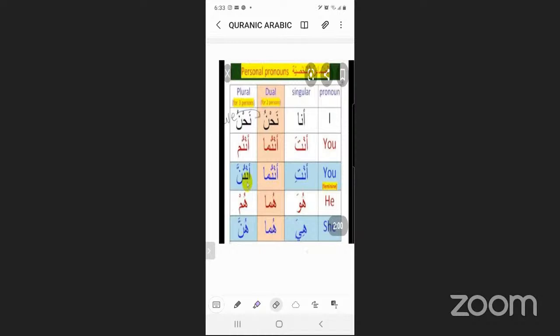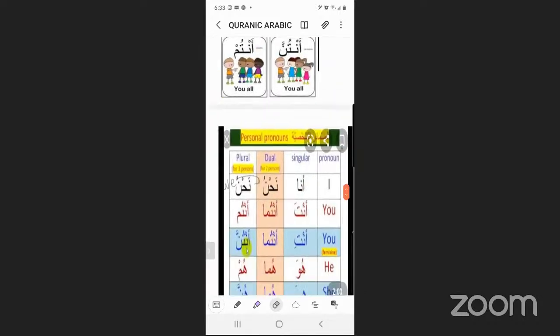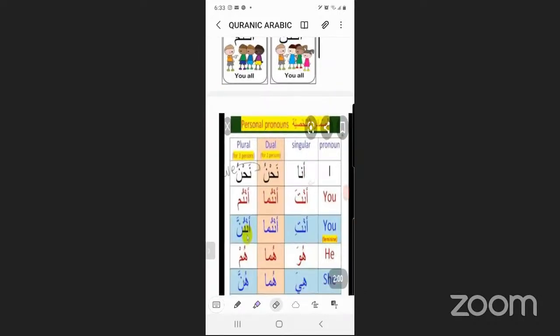Hiya, huma, humna. Anta, antuma, antum. Anti, antuma, antumna. Ana, nahnu. If you repeat it so many times, you just know what to call what. These are called the personal pronouns.